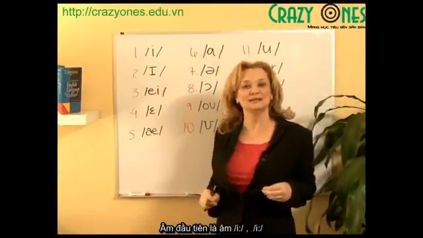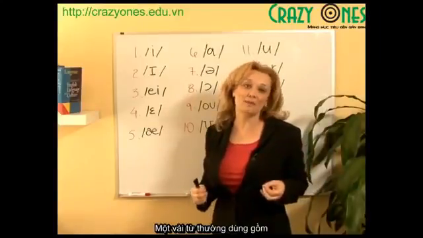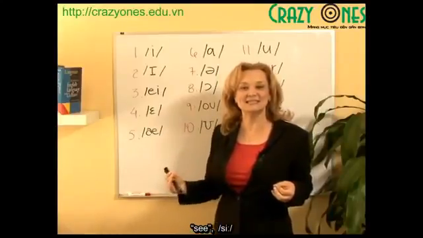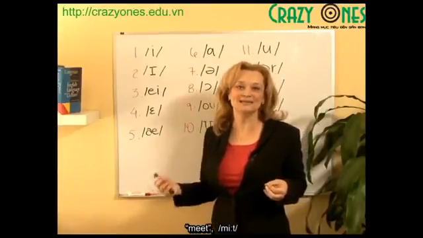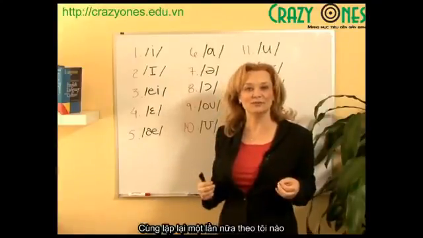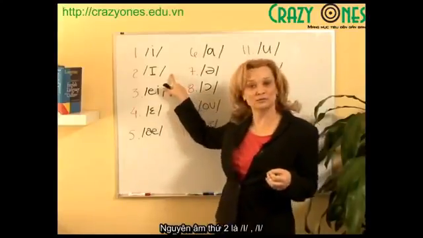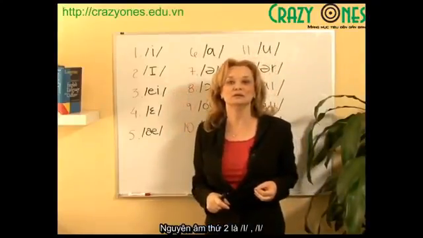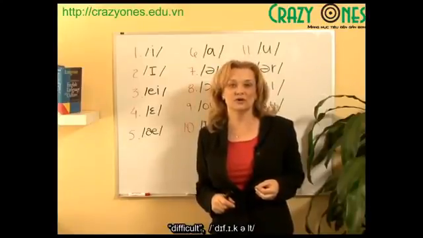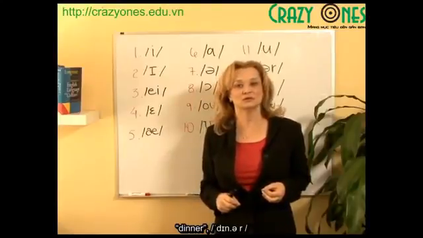All right, let's take a look at the first one. The first one is E. Some common words include please, see, meet, believe. Say it one more time with me. E. Okay, vowel number 2 is I, as in this, difficult, if, dinner.